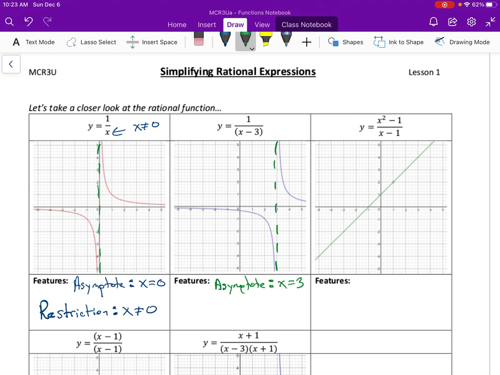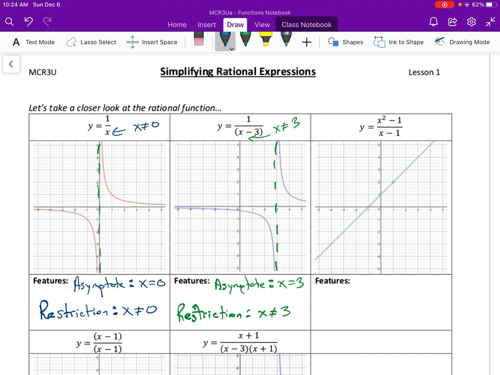And if you look at the equation, and it's really important to relate these, if I subbed in a value of 3 for x, it would make the denominator equal to 0. So my restriction for this one is x cannot equal 3.